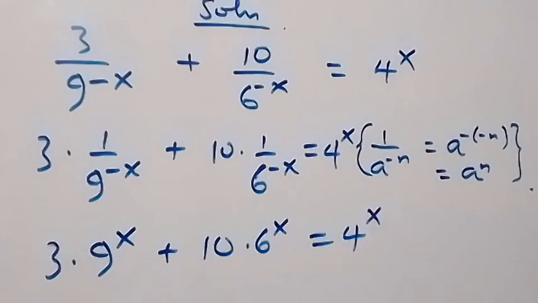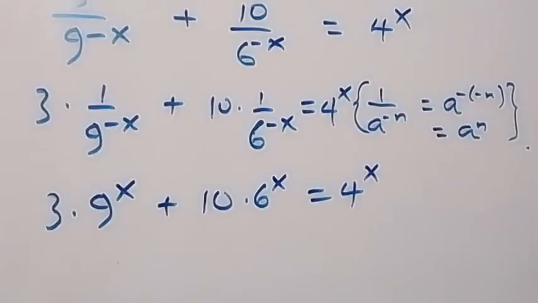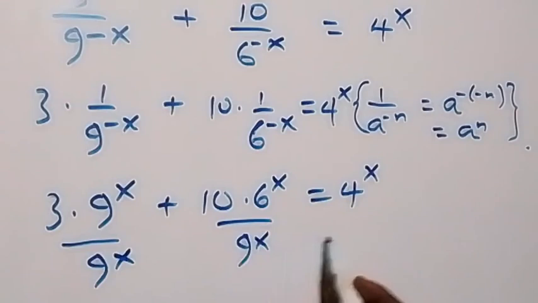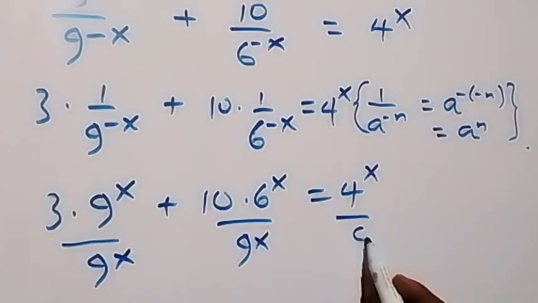Then from here, let's divide through by 9 raised to power x, dividing this side by 9 raised to power x, and also the other side by 9 raised to power x.